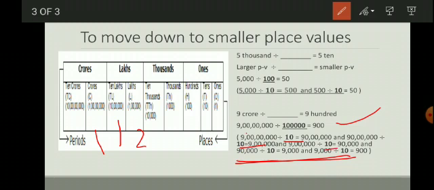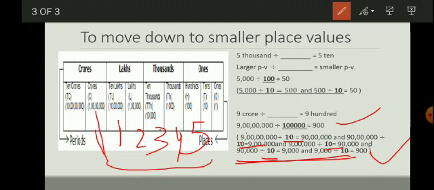Again 9 lakh divided by 10, so you'll move to 10,000s, that means 90,000. 90,000 divided by 10, that means you are moving to the thousands place, so it is equal to 9,000. 9,000 divided by 10 is equal to 900. So 5 tens you have used, 1, 2, 3, 4, 5. That means from the crores place you have moved 5 steps.